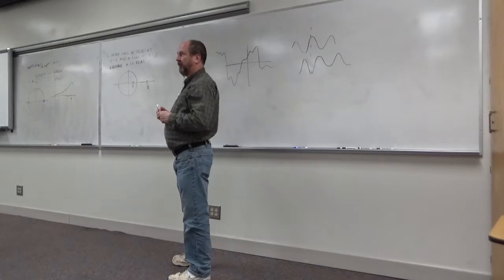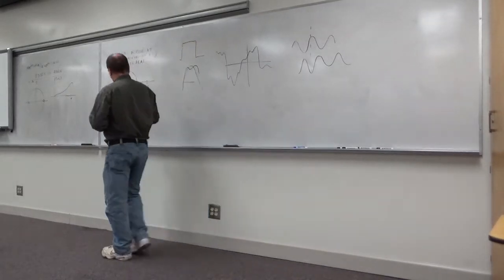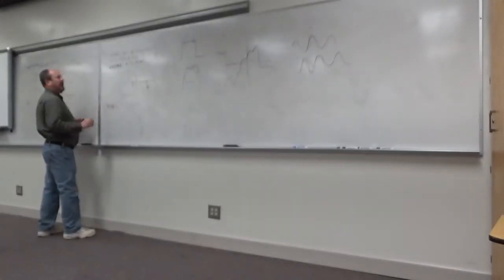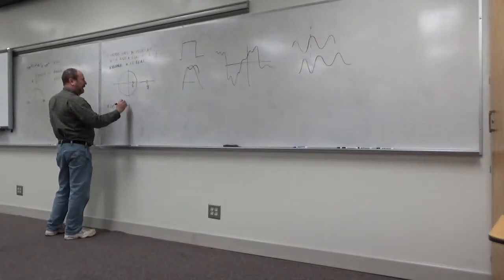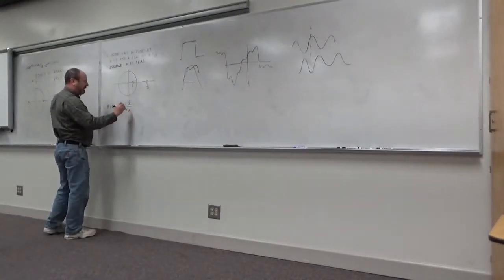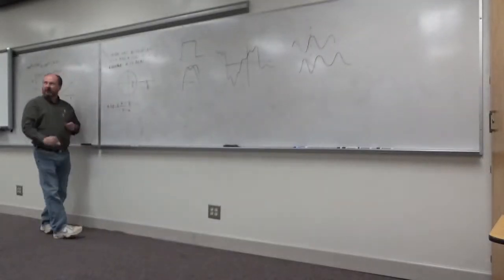For now, we don't worry about zeros, do we? Because the poles determine stability and causality. So my transfer function would be z minus 1 over a over z minus a. And there could be a constant out there, couldn't there?